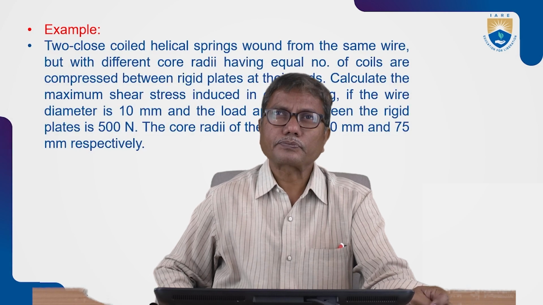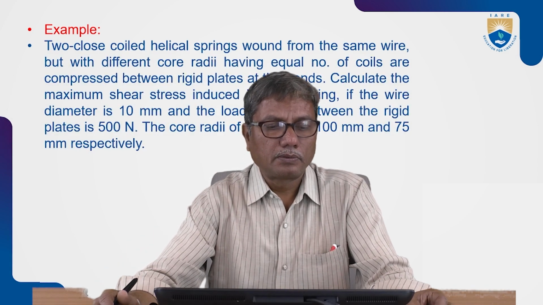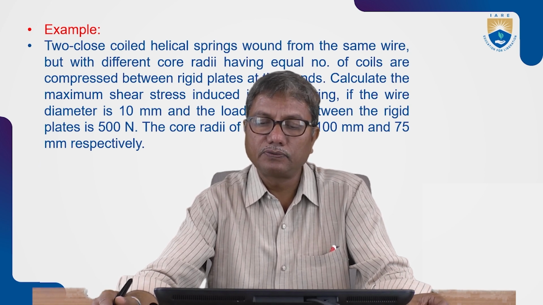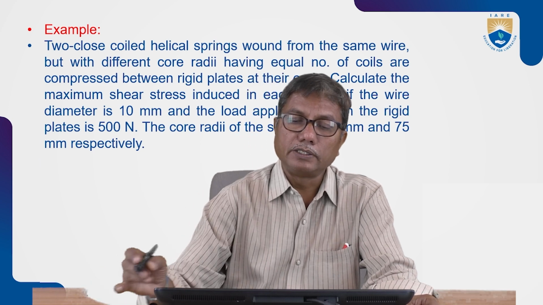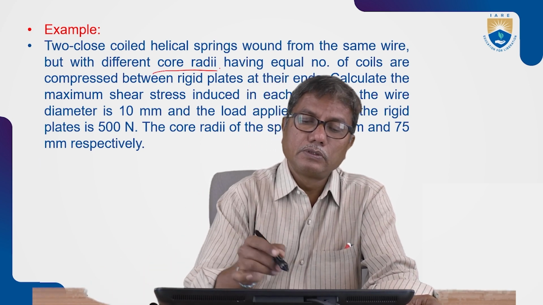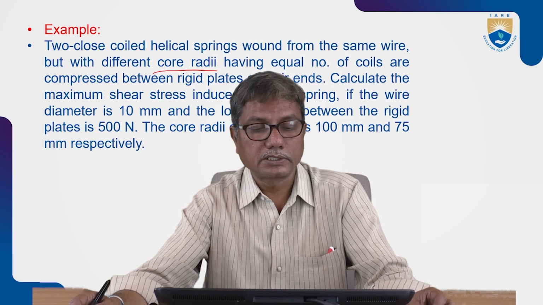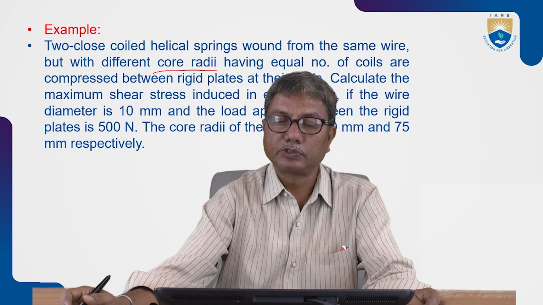Now let us see one example. Consider the problem reads like this: two close coiled helical springs wound from the same wire but with different core radii, having an equal number of coils, are compressed between rigid plates at their ends.